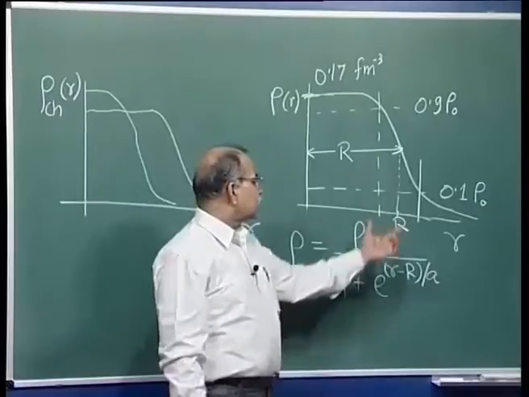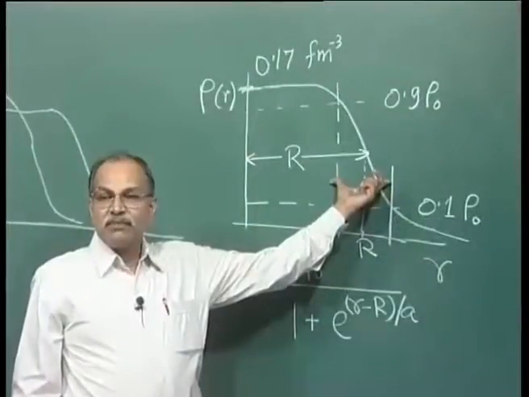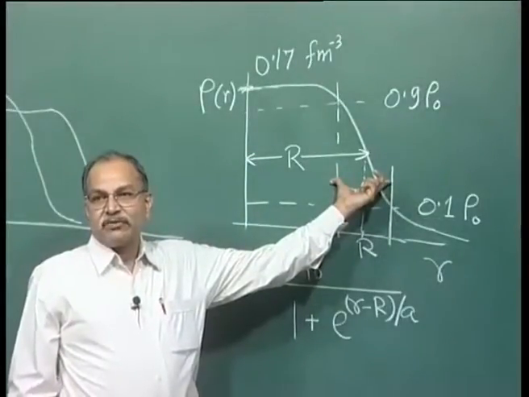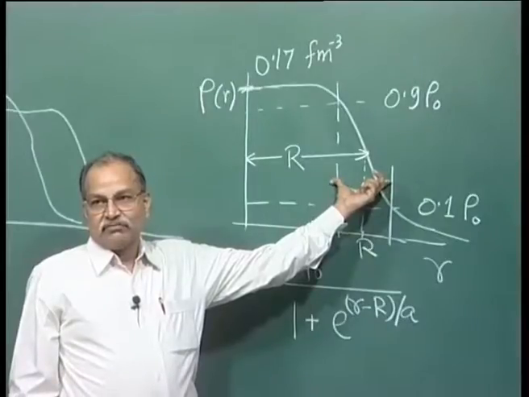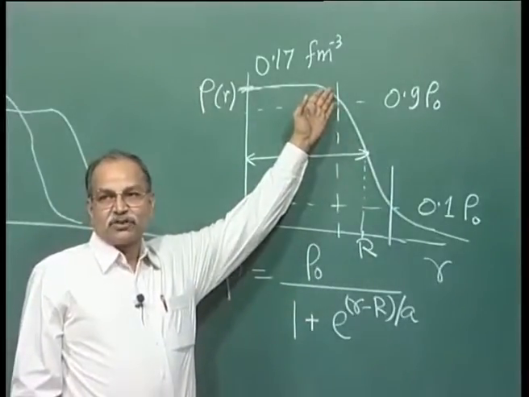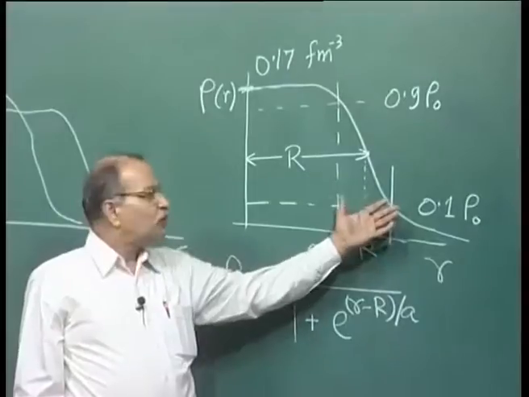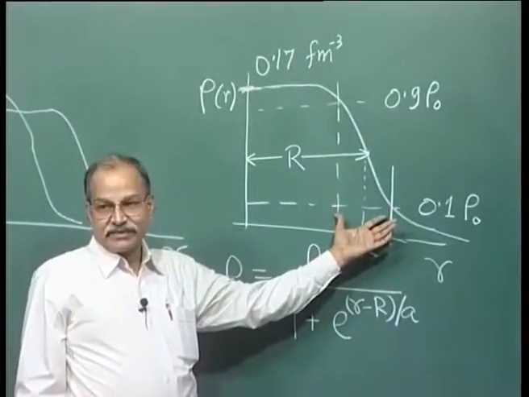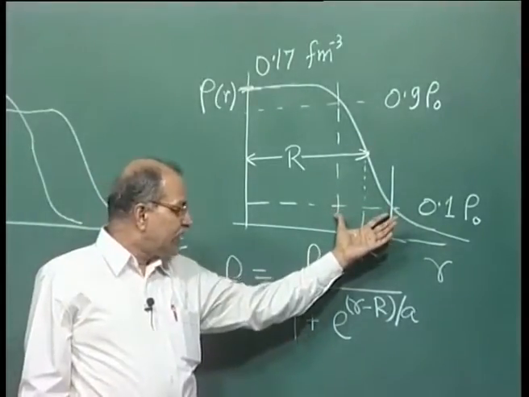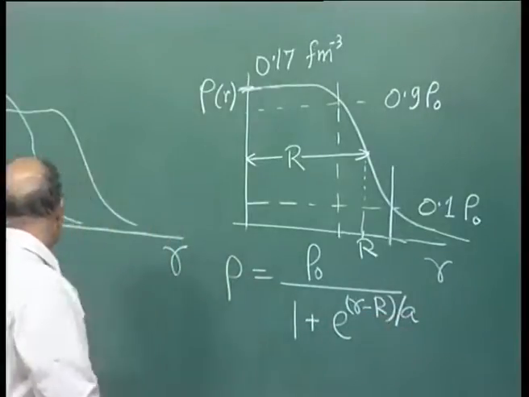This is a measure of how steeply the density is going down from 90% of rho naught to 10% of rho naught, how much distance it takes. This can be related to this a, we will make this calculation.